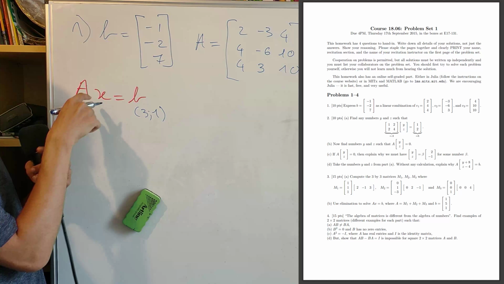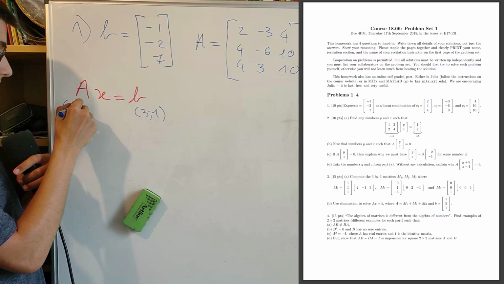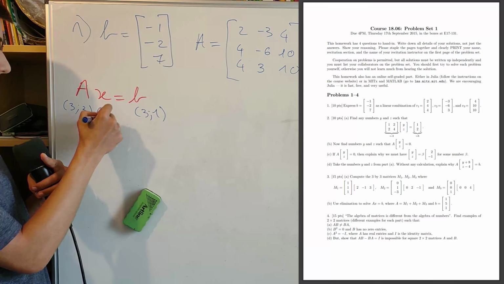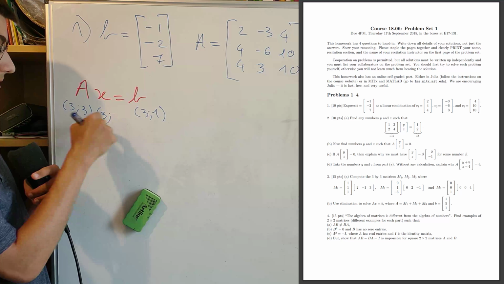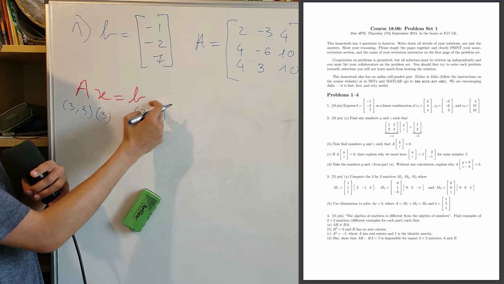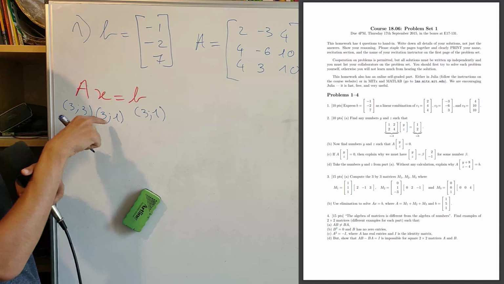A is 3 by 3. So we know by the rule that x must be 3 and then something, and the something is the second dimension of b, which is 1. So x needs to be of shape 3 by 1.